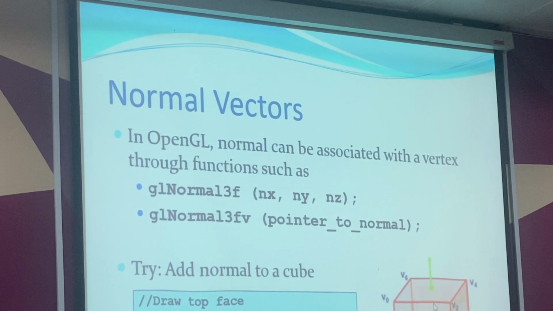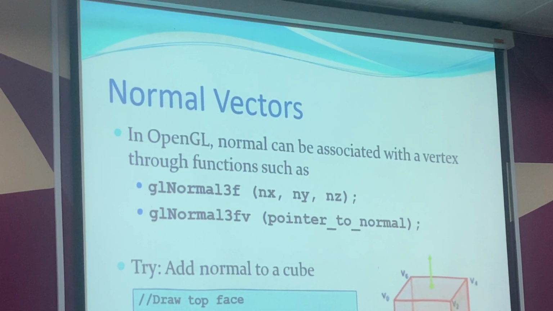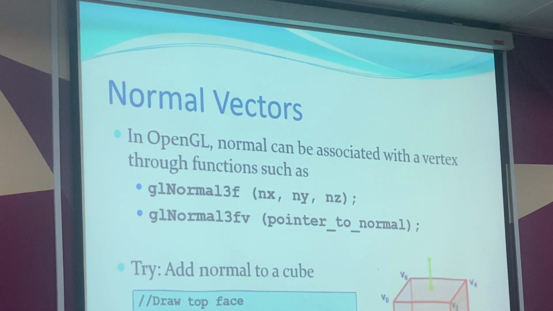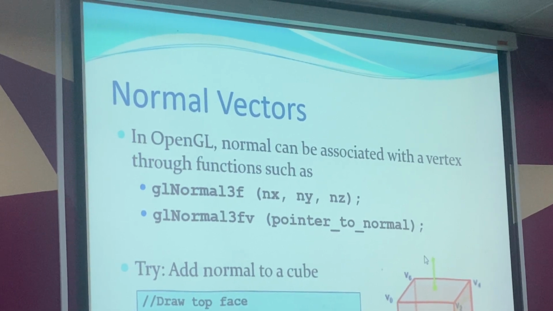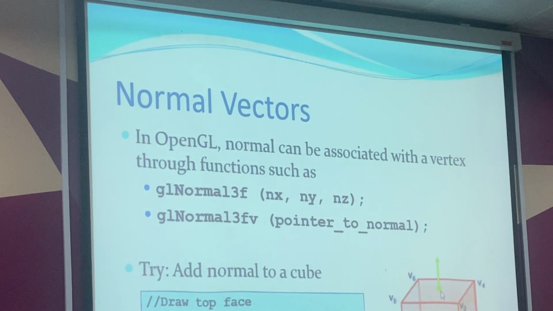We have 6 surfaces here. If you want to attach the normal on each surface, we have a total of 6 surfaces. You see the green color. You want to attach, then you just put glNormal3f 0, 1, 0. Attach here.